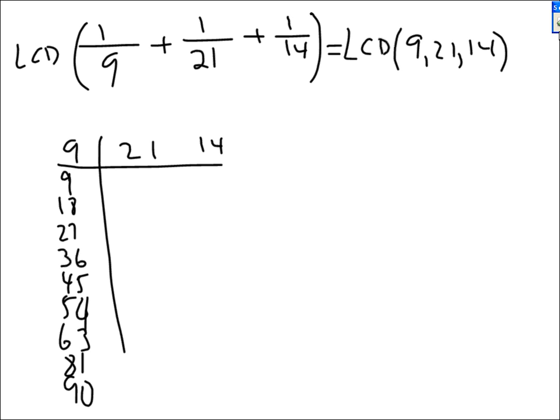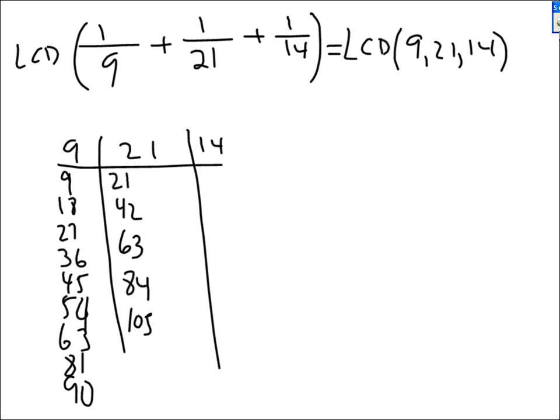You can write down the first few multiples of the 21 table: 21, 42, 63, 84, 105. And the 14 table: 14, 28, 42, 56, 70, 84, 98, 112.